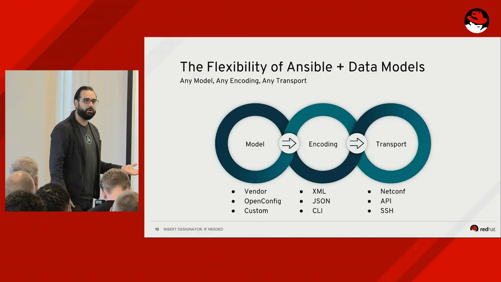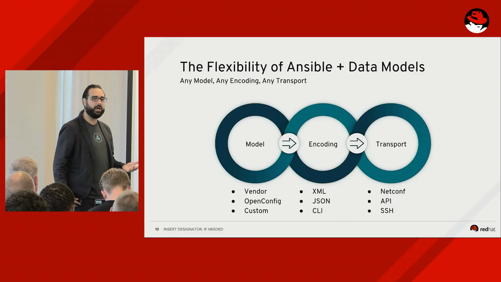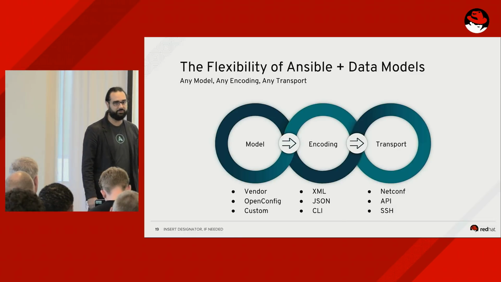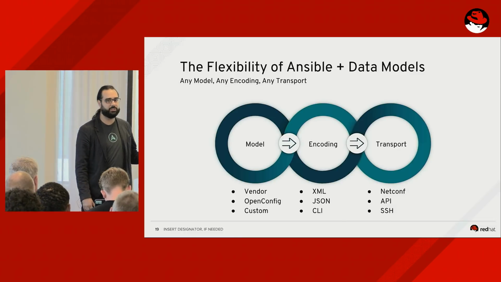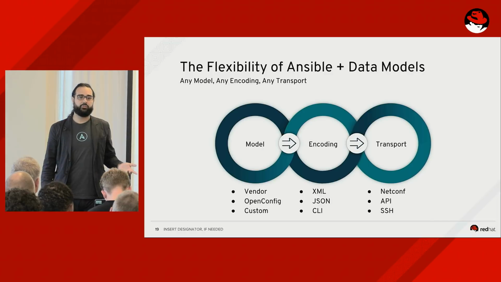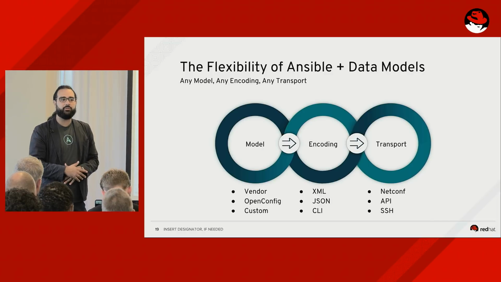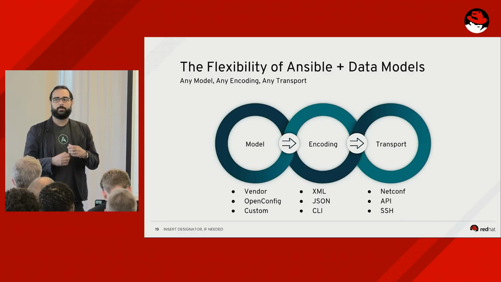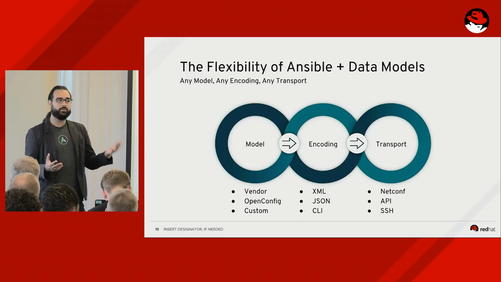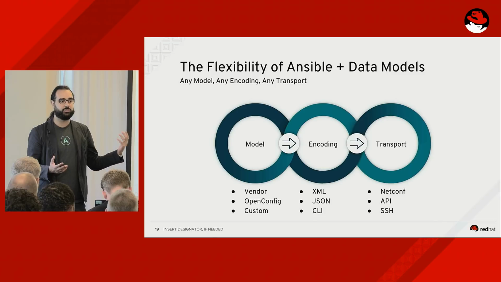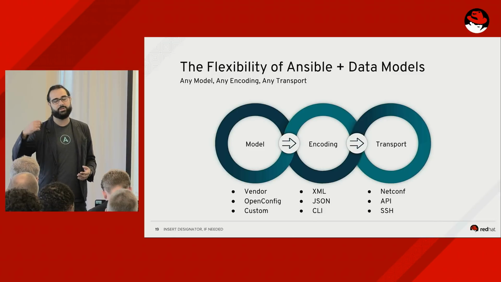You can use your own, but you also have some that are custom or vendor specific. So, for example, you do not have all the data models available in OpenConfig, but you have some that are specific to Cisco, others specific to Juniper, and so on and so forth.